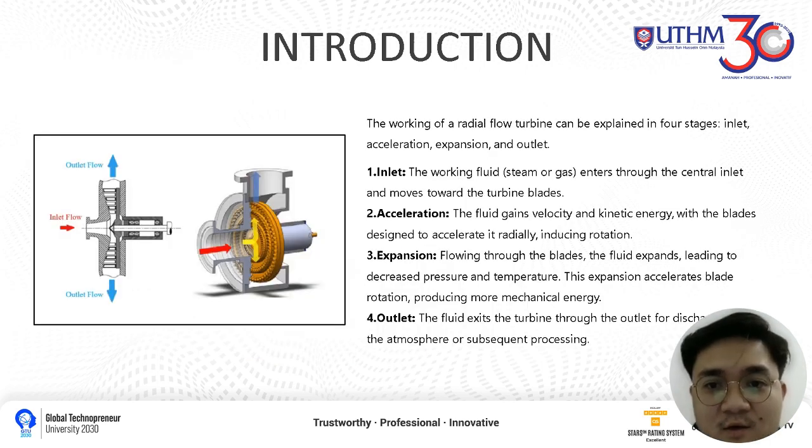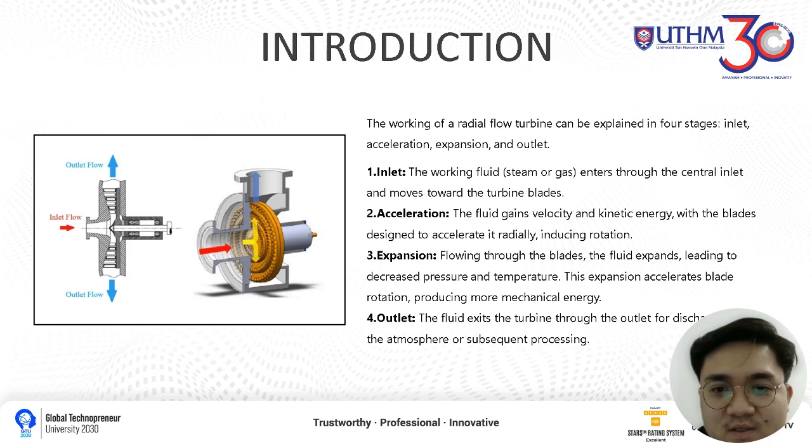And here I will be explaining the working of a radial flow turbine. The first one is the inlet. The working fluid enters through the central inlet and moves towards the turbine blade. Second, the acceleration. The fluid gains velocity and kinetic energy, with the blade designed to accelerate it radially, inducing rotation.